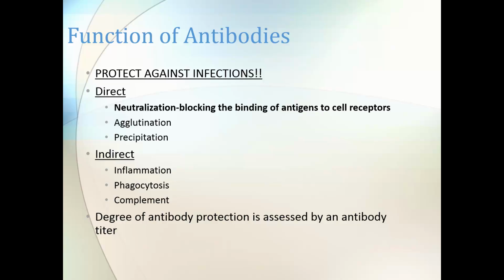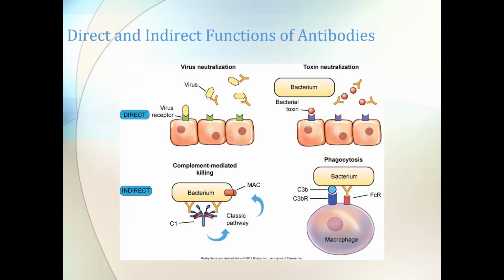There are varying degrees, from person to person, and the way that we truly know how effective it is is by getting an antibody titer, by actually drawing blood, okay? And that's truly how the antibodies function to protect us. Many pathogens initiate infection by attaching to receptors on cells, and antibodies block that attachment of antigens onto those cell sites. Okay? All right, and there's a good picture for you there.